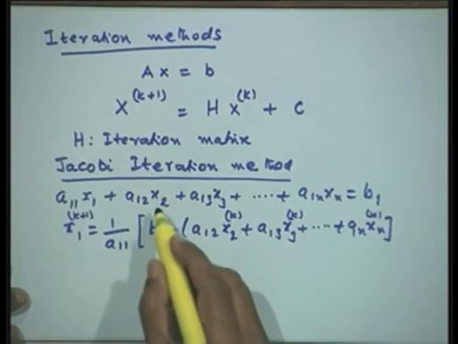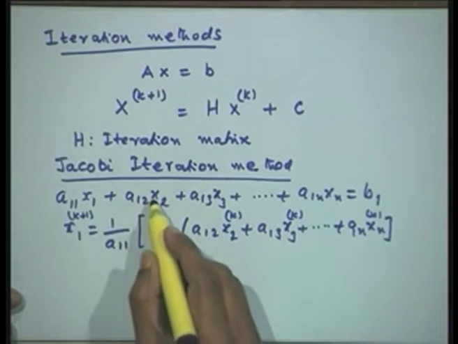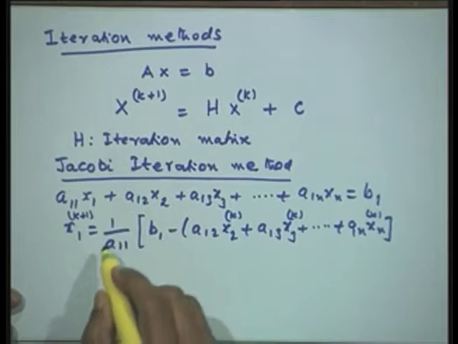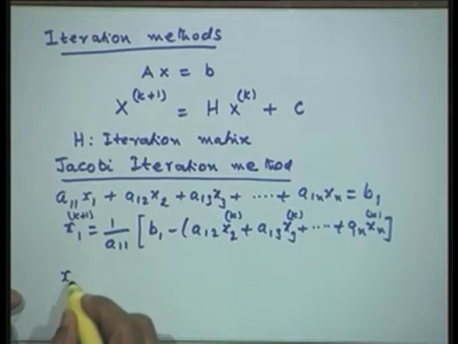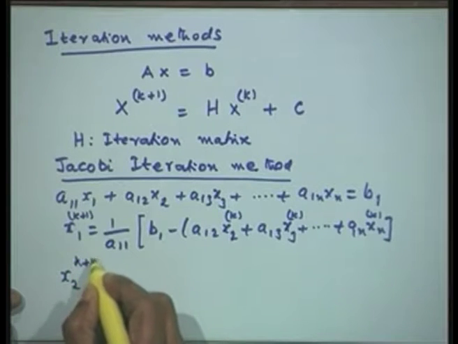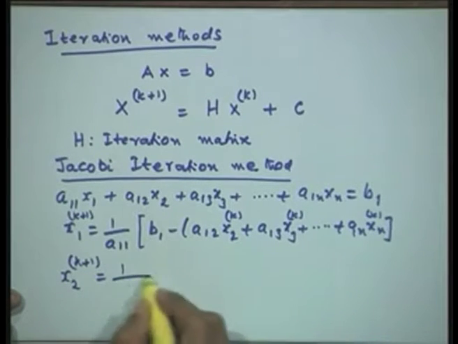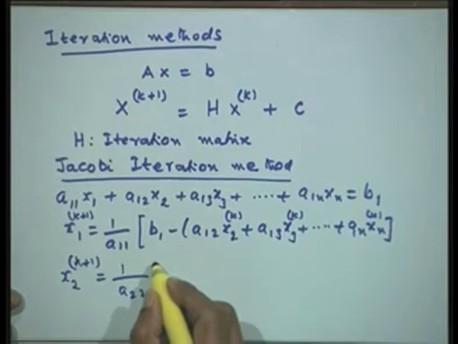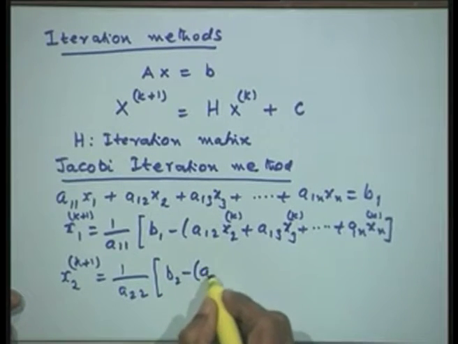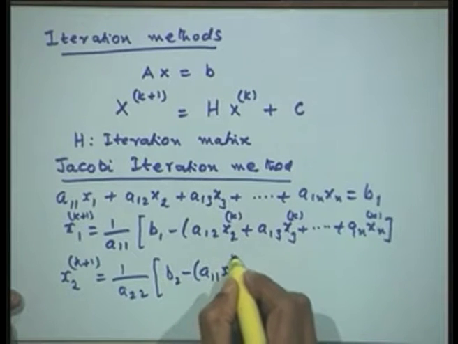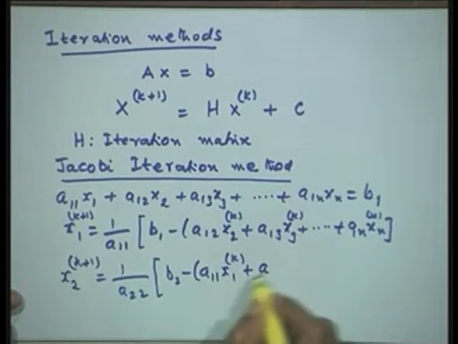Similarly, for the second equation we retain the second unknown on the left hand side and take all the other variables to the right hand side. That means I would write x2^(k+1) = 1/a22 (b2 - a21 x1^(k) - a23 x3^(k) - ... - a2n xn^(k)), where a22 is the pivot.